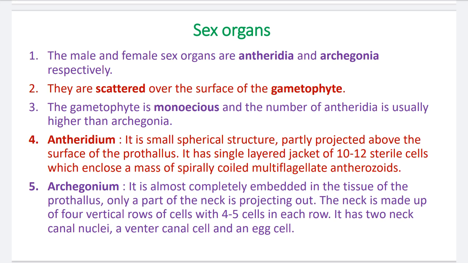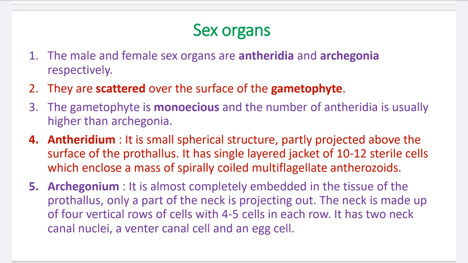Number 2, they are scattered over the surface of the gametophyte. The antheridia and archegonia are diffusely arranged on the prothallus. Number 3, the gametophyte is monoecious. Monoecious means the plant body is single, and this single plant body produces the antheridium as well as the archegonium. Such sexual differentiation is called monoecious.